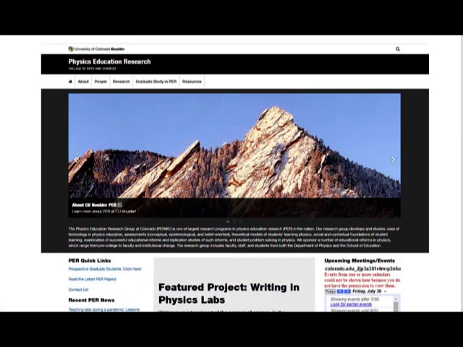A lot has changed since 1989. Today, we see that physics education research, acronym PER, is now regarded as a field of study in its own right, and there are many academics who specialize in it.